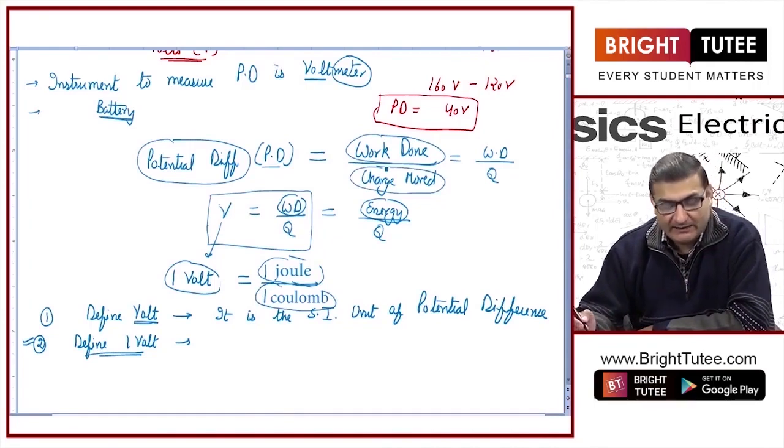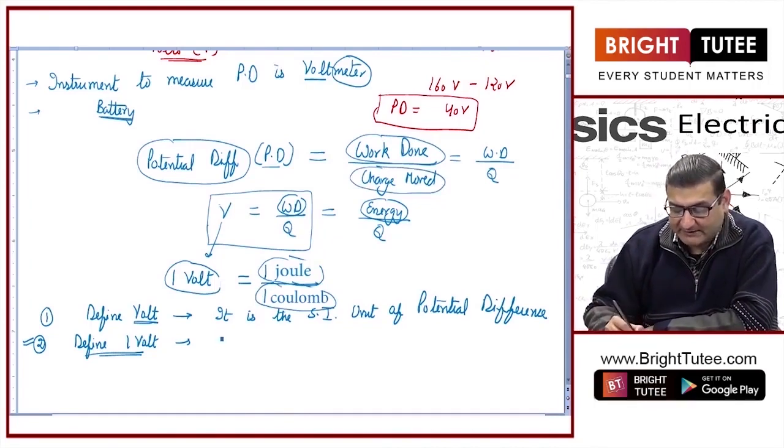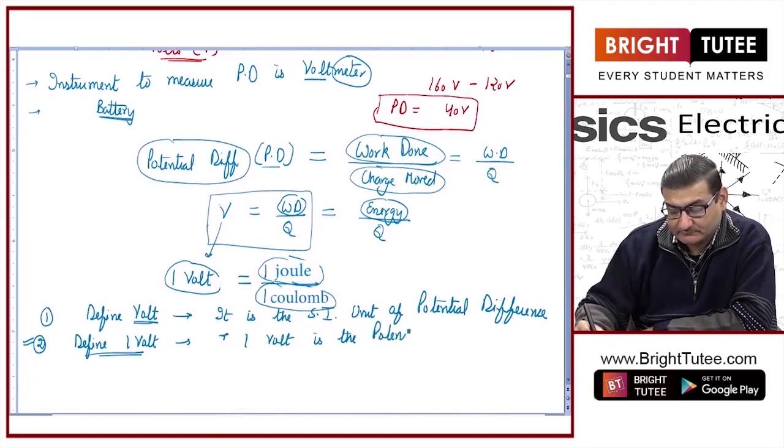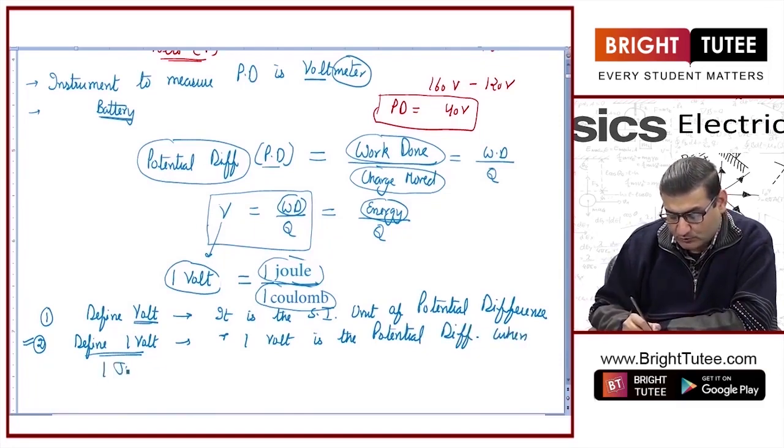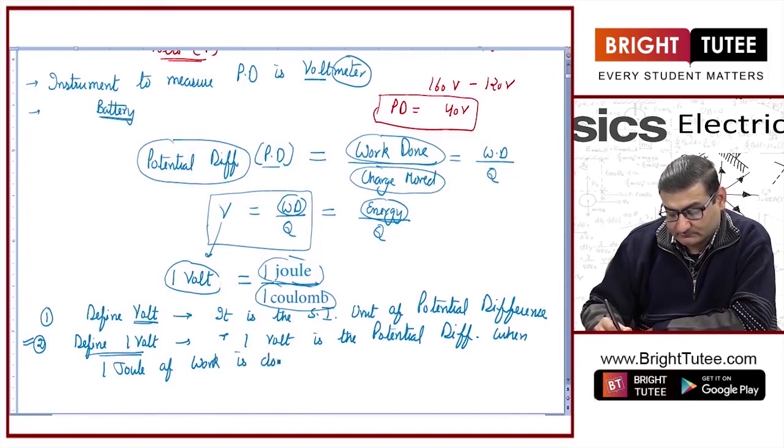So how will I define 1 volt? 1 volt is the potential difference when 1 joule of work is done in moving 1 coulomb of charge.